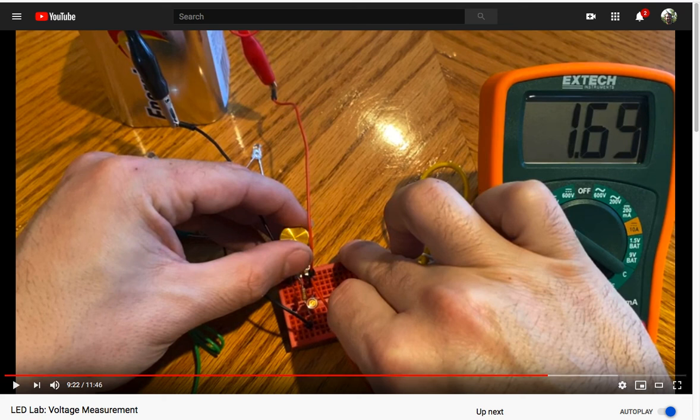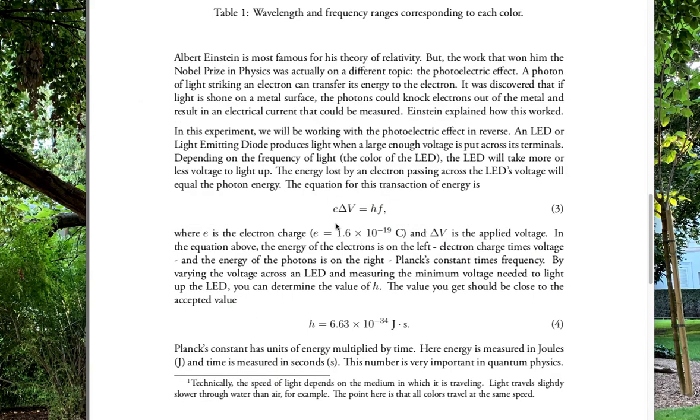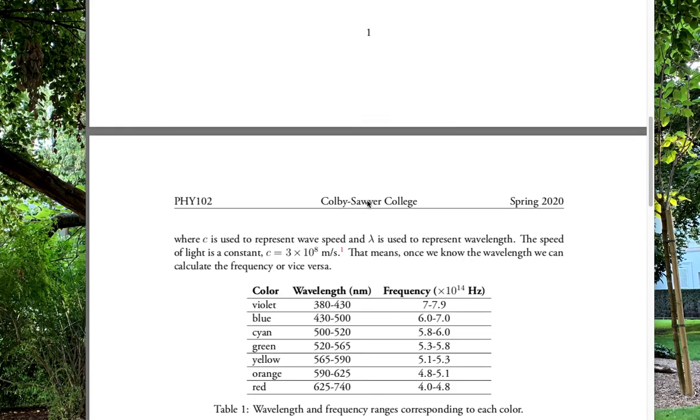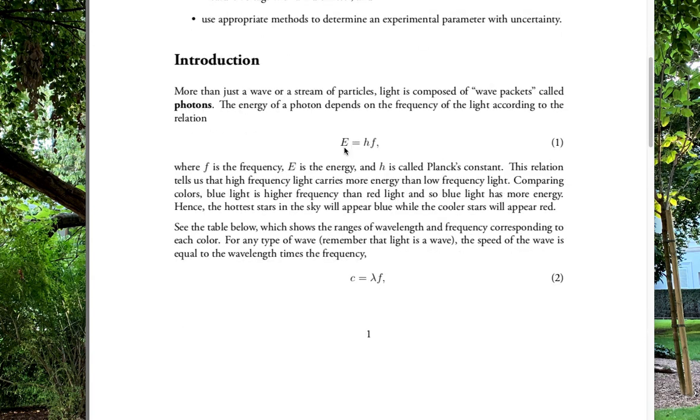Okay, so let's go back to this. All right, so again, another recap. We're hoping to measure h. We get f from the wavelength. So we find wavelength with uncertainty. That will give us frequency with uncertainty.